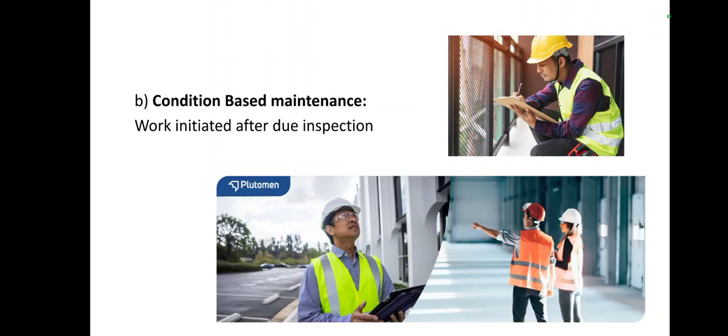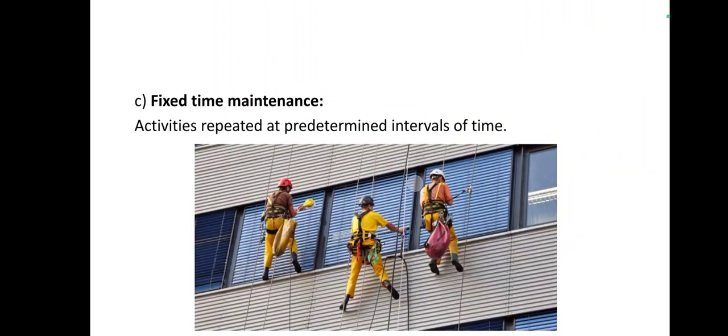Whatever work you do after an inspection is called condition based. For example, the inspector gives instructions to clean the debris in the parapet wall or near a slab, or that the drainage is totally blocked. Those are all condition based maintenance.